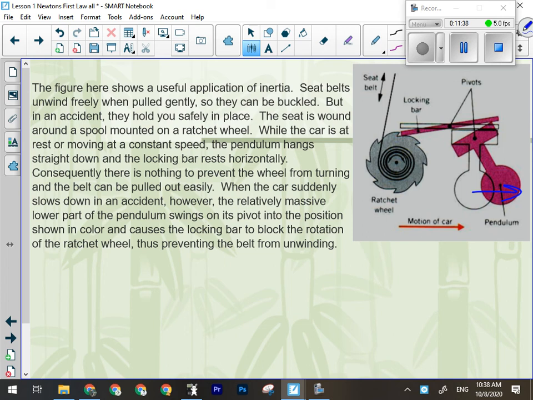If you get hit from the back, from the front, from the sides, the metal ball touches the wires, triggers the explosion. That detonates your airbags. But it relies again on Newton's first law. It stays on those springs in position unless your car experiences enough of an acceleration to require the airbags.